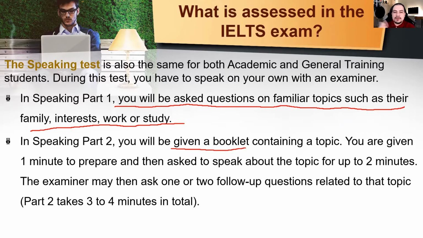So you're gonna be given 1 minute to prepare, and then you have to answer some questions based on what they ask you on the card, and you have to speak for 2 minutes, and then they're probably gonna ask you some more questions, but that's basically part two, okay? So pretty simple. First, just some personal questions, and in part two, you're given a cue card, and you have to speak a lot for 2 minutes, okay? And probably answer some questions if the examiner asks you something else. Okay, that's for part one and part two.